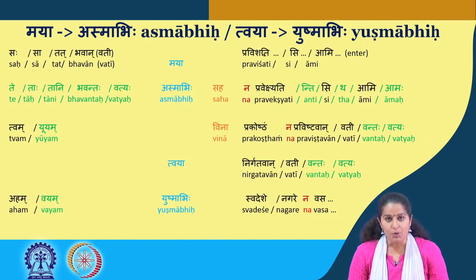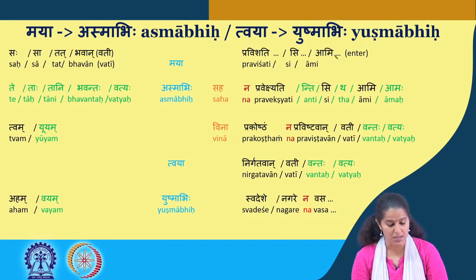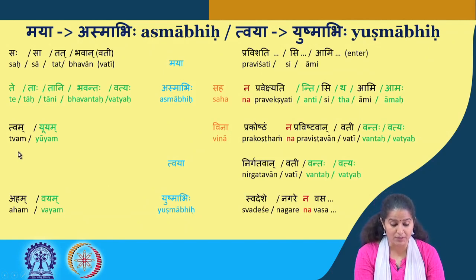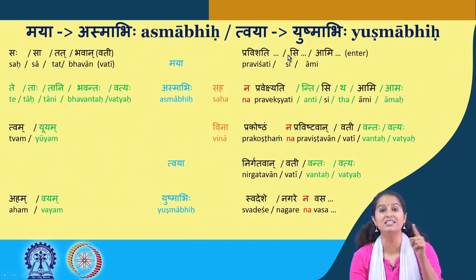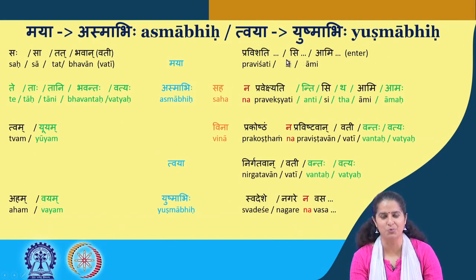Alright. You can then do it with the plural, in which case it will take the plural forms. So, te maya saha pravishanti. Then you can also do it with tvam. So when you do it with tvam, what happens? It becomes tvam maya saha pravishasi uttamam. So you have to put the si the moment you have a tvam.